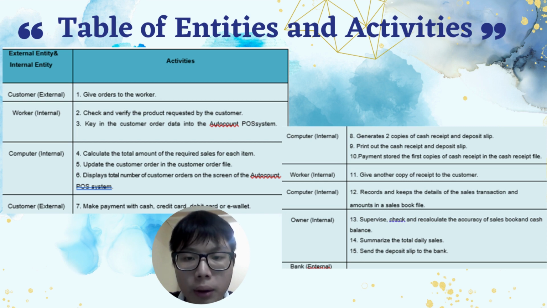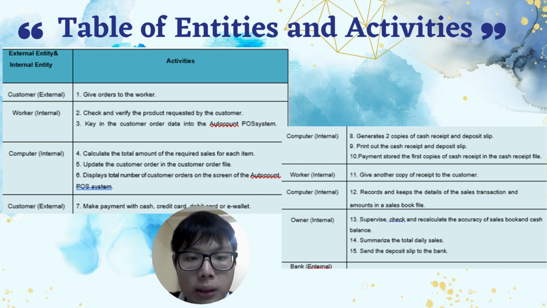The customer will make the payment with cash, debit card, or e-wallet. The computer will generate two copies of cash receipt and deposit slip, and then the computer will print out the cash receipt and deposit slip.